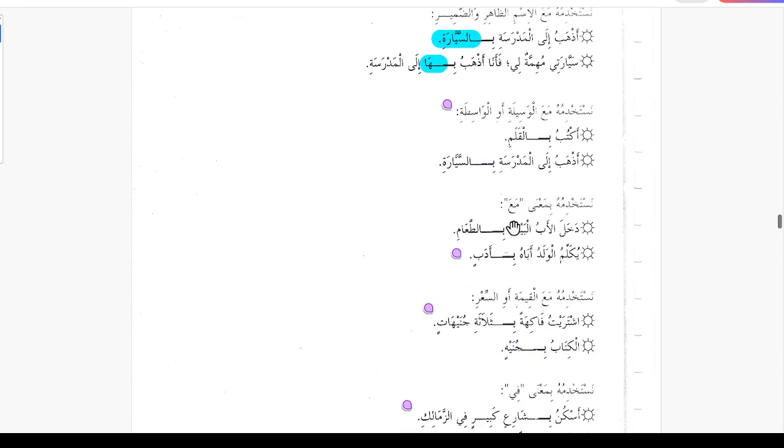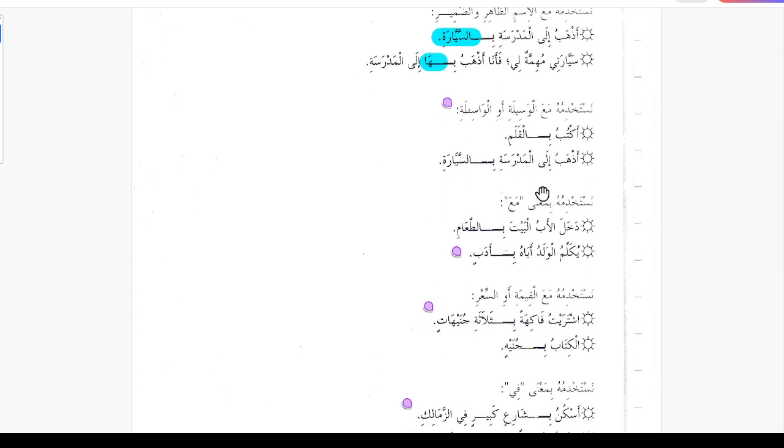So the medium, how do I write? I write by pen. Azhabu ilal madrasati bis sayyarati, how do I go to the school? I go to the school by car. So sayyara or kalam is the medium that is used with ba.